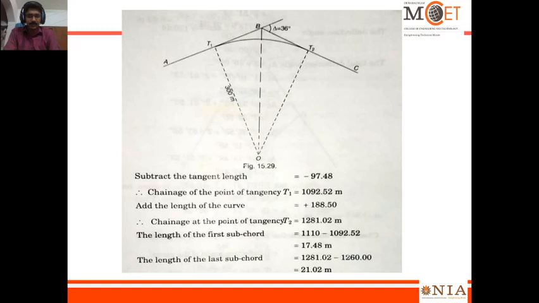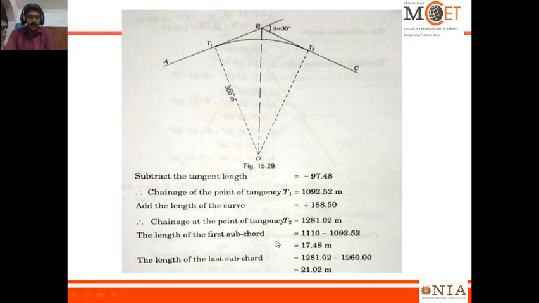So the length of the first subchord, if you consider, it starts with 1092.52, you may round to 1100. It is nearly 7.48 meter. You can have it, but at the end you will cross over 30 meter and the last subchord will be resulting 1.0 meter, which is very small. To avoid that we go extra 10 meter.